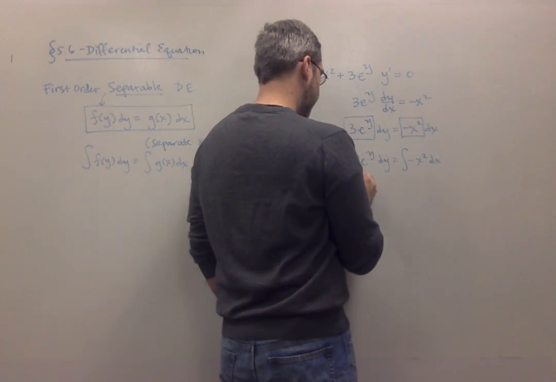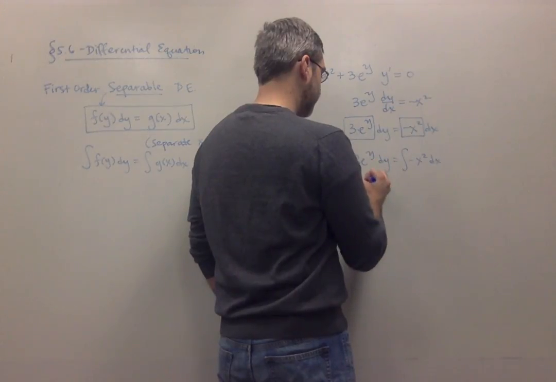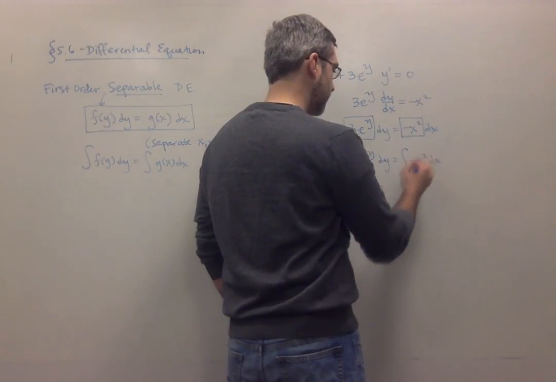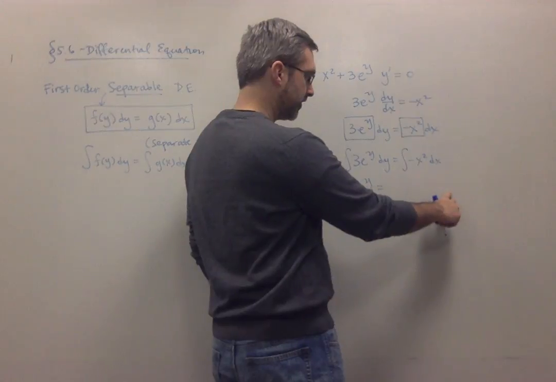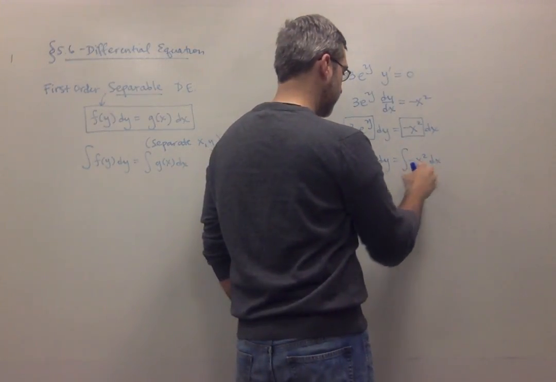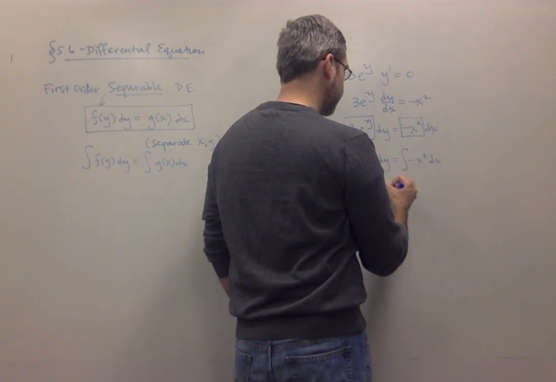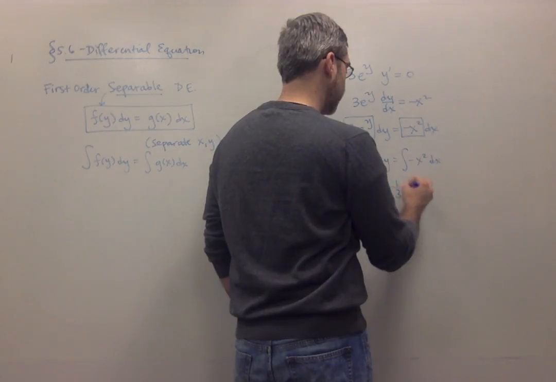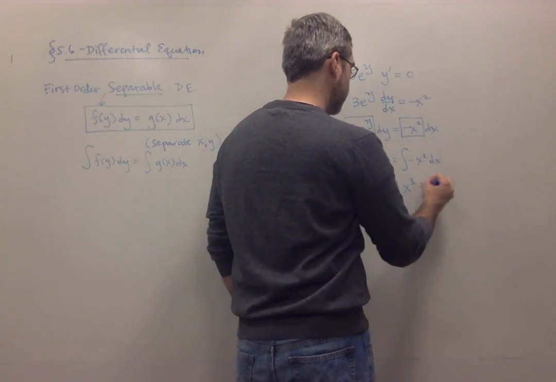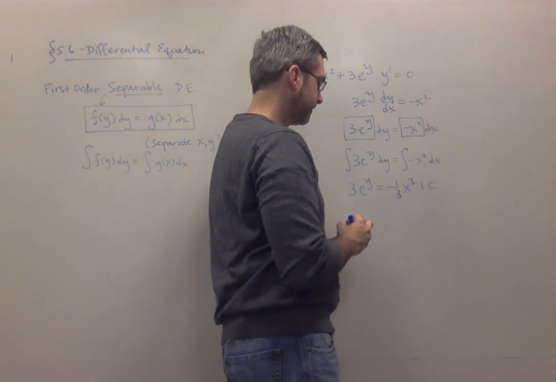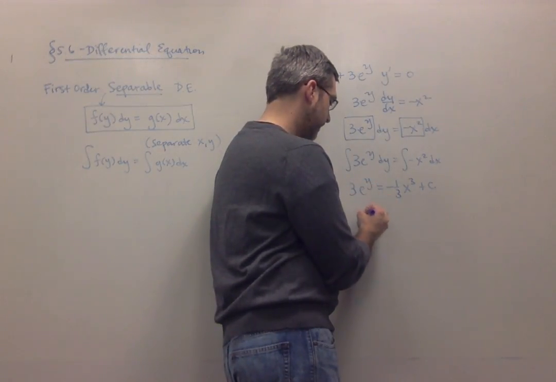So I get the integral of e to the y is just e to the y. And I'm going to leave my arbitrary constant just on the right side. Over here, I get negative 1/3 x cubed plus some constant. Let's divide by 3.